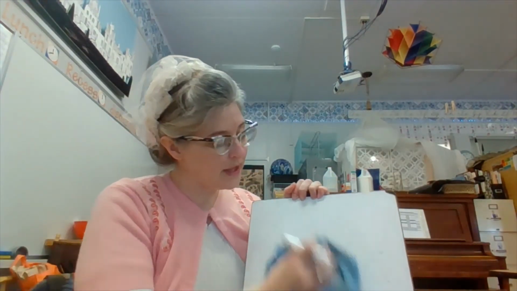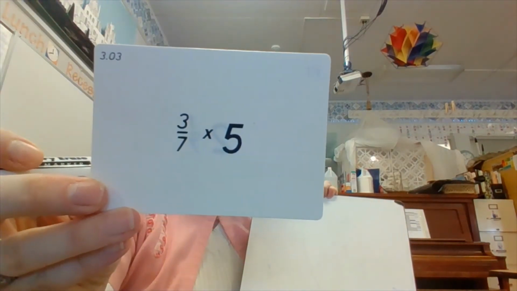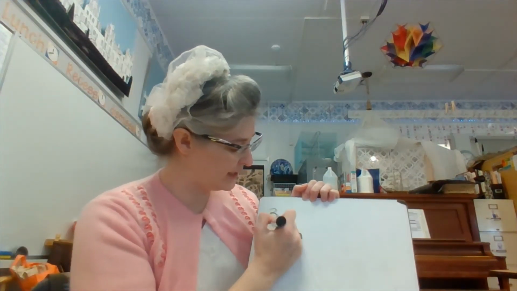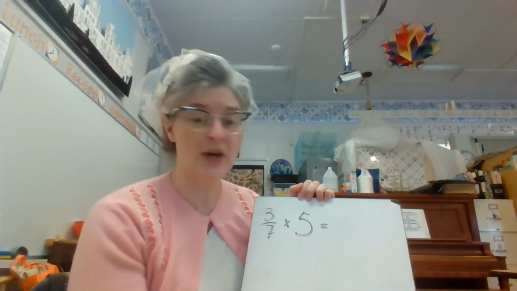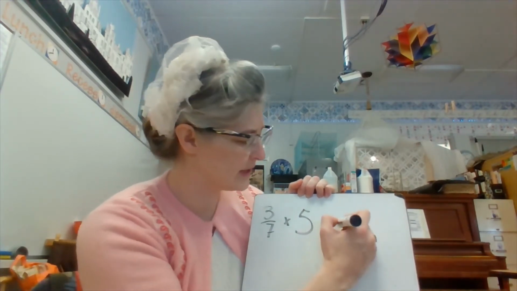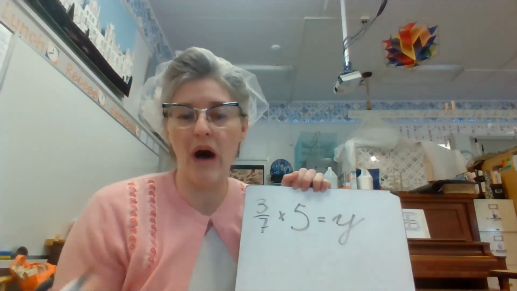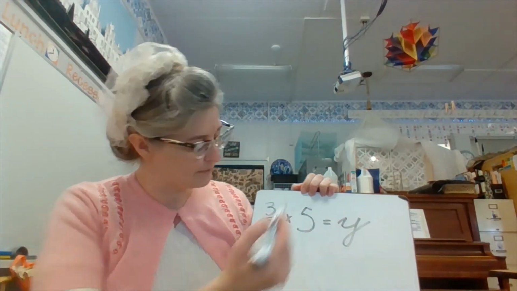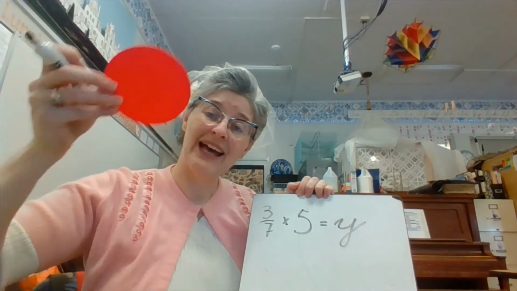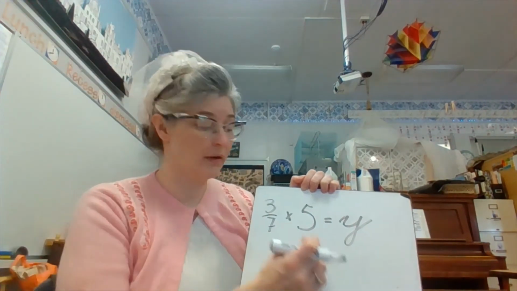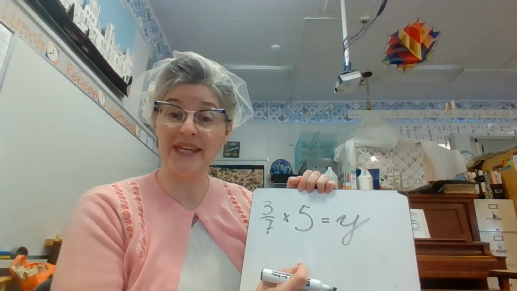Now the last one that we did, I had to make a whole bunch of piles of a whole bunch of pieces, right? 3/7 times 5. So 3/7 taken 5 times equals, I don't know what it equals. I'm just going to put the letter Y there to show that I don't know what it equals. Now again, I can rewrite this as a group of 5 whole pieces.